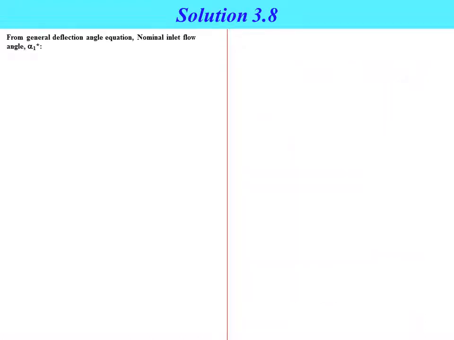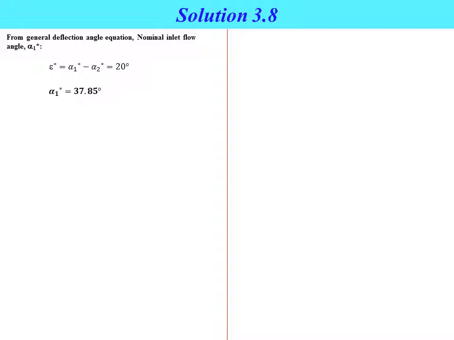From the general deflection angle equation, we can determine the nominal inlet flow angle alpha 1 star. So epsilon star equal to alpha 1 star minus alpha 2 star, equal to 20 degrees.